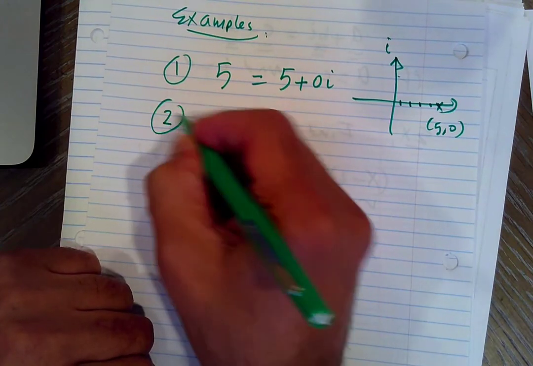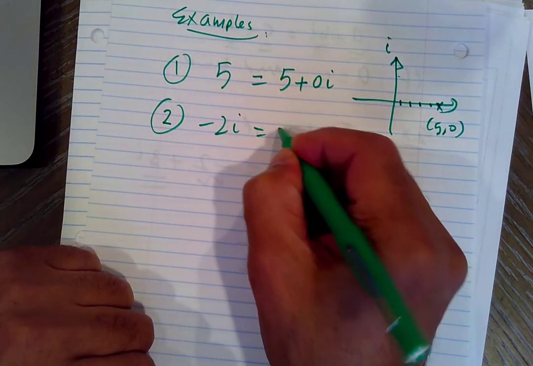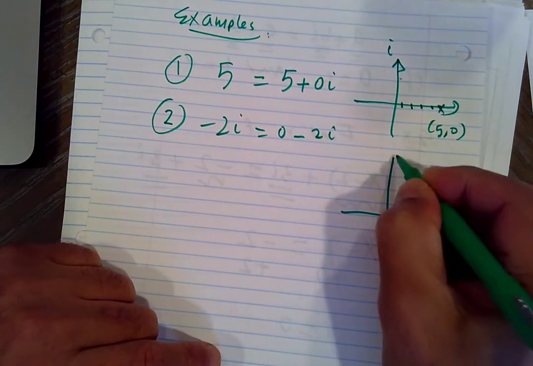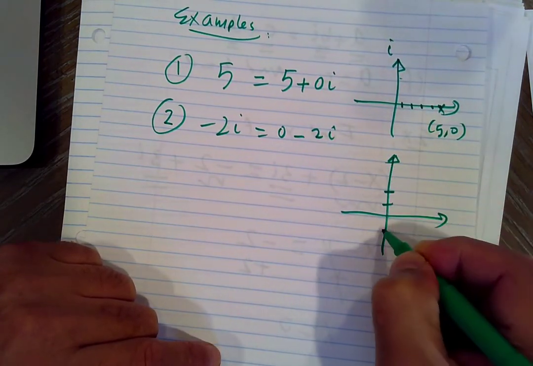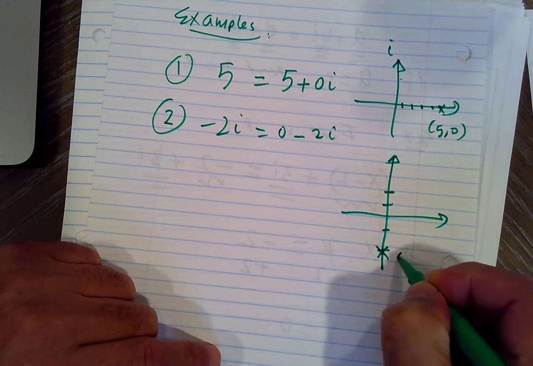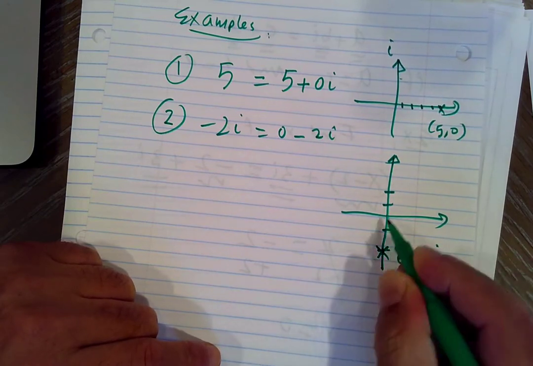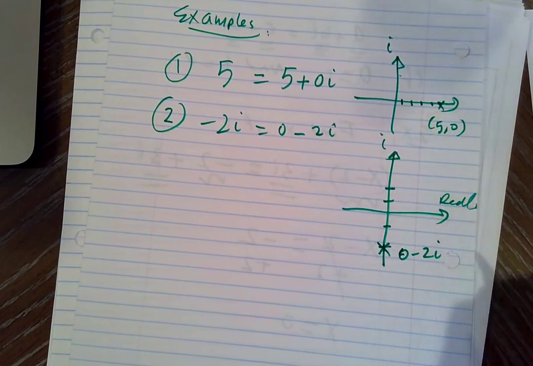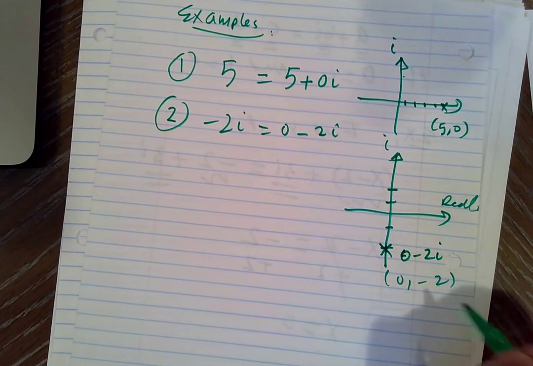If you have, say, -2i, it's also a complex number because the real part is 0. So 0 minus 2i is like having -2 on the y-axis. Remember, this is the i part, this is the real part. So it's like having the ordered pair (0, -2).